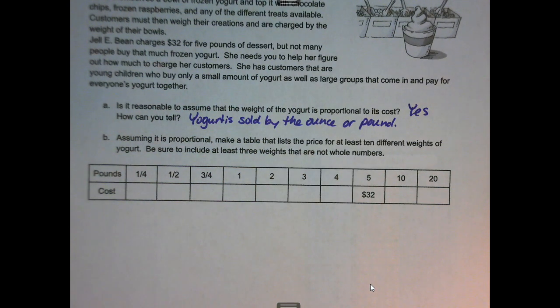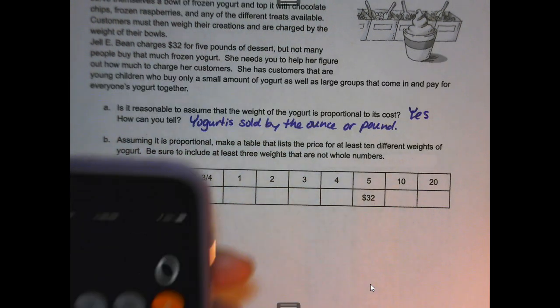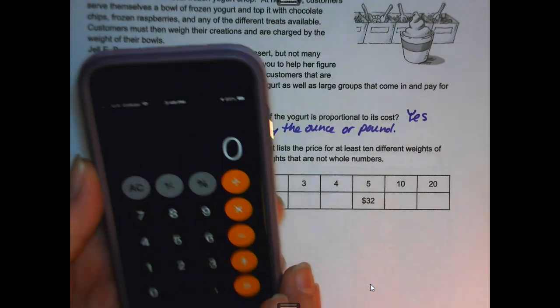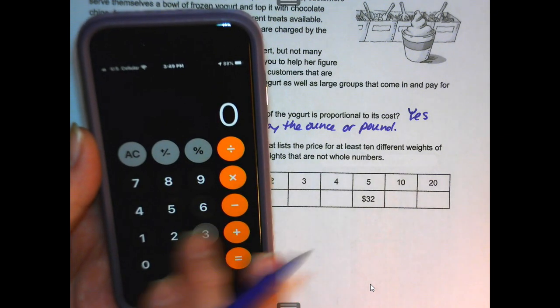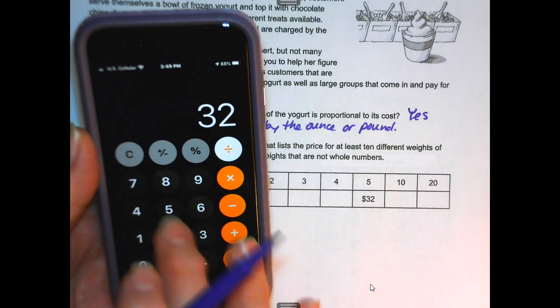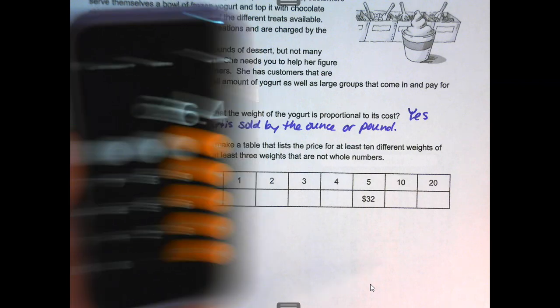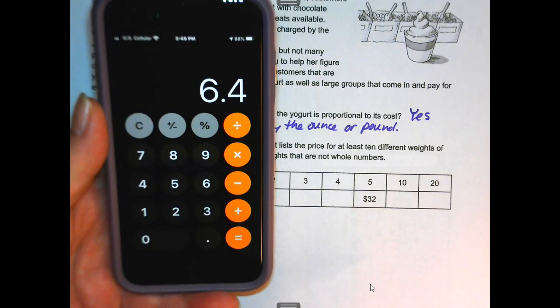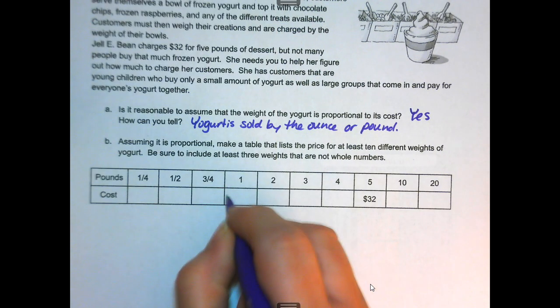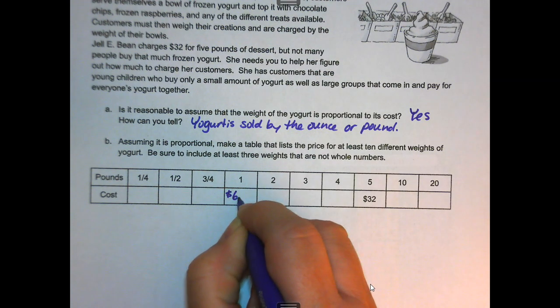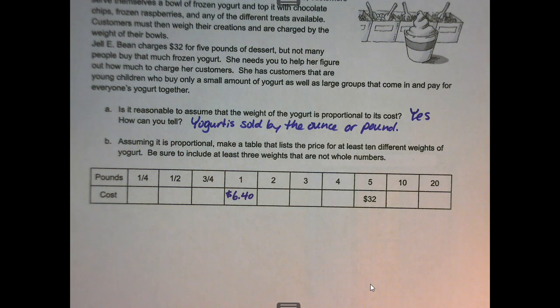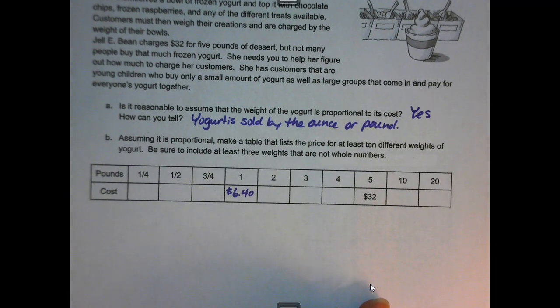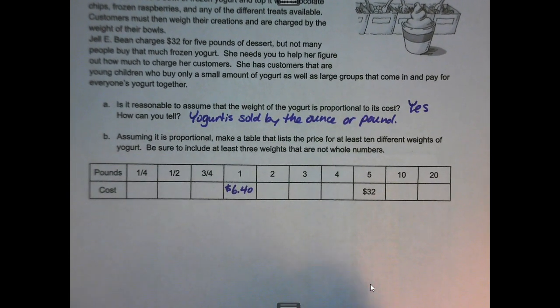In order to do my unit rate, I take the things that I know, $32, and I'm going to divide that by 5 pounds. And you'll notice 6.4, or 6 and 4 tenths, but I'm going to write that as money with 2 decimals. The easiest way for me to use our time efficiently is to use this calculator.